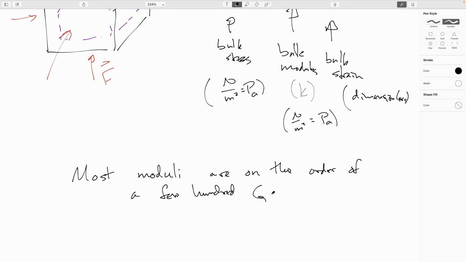Remember, the giga prefix means times 10 to the 9, or billion.